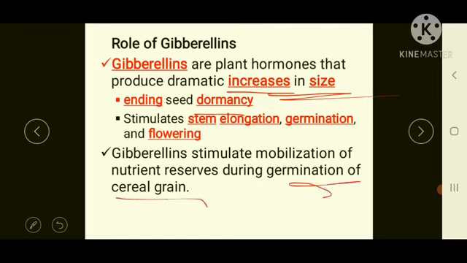If the endosperm is stored in a cereal seed or grain, the gibberellins cause that stored endosperm to mobilize and release the nutrient reserves.